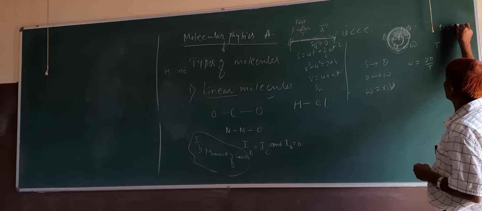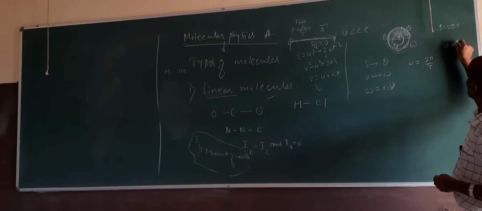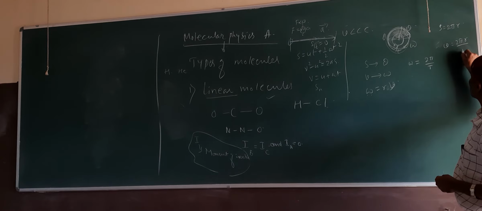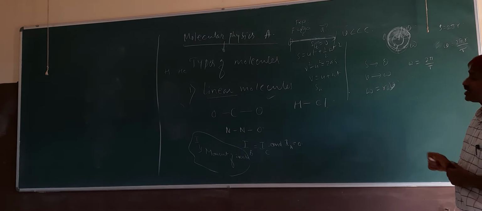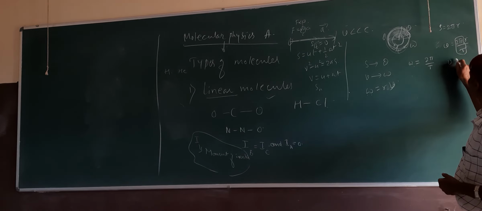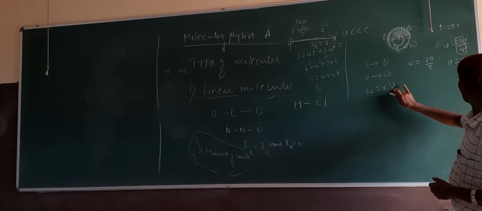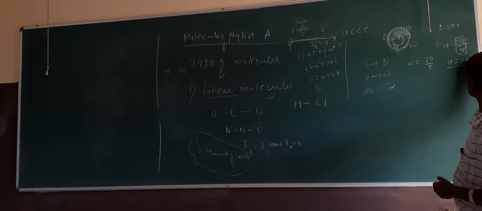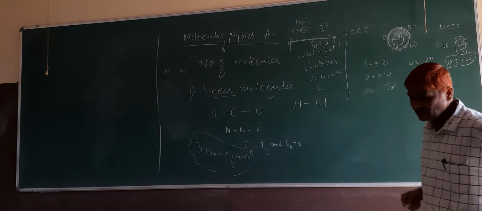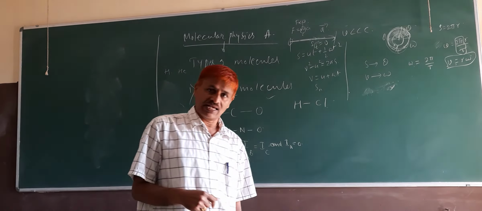So v is 2 pi r by capital T. 2 pi by T is nothing but omega. So v is equal to r omega. This is the relation, how you can convert linear motion into angular velocity.